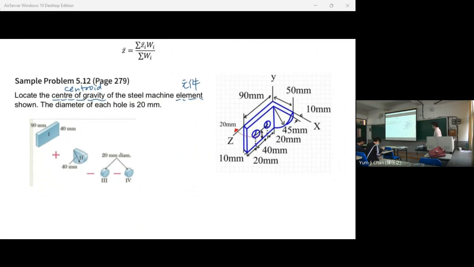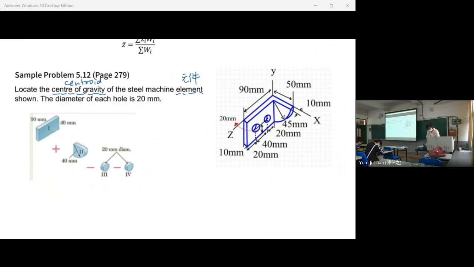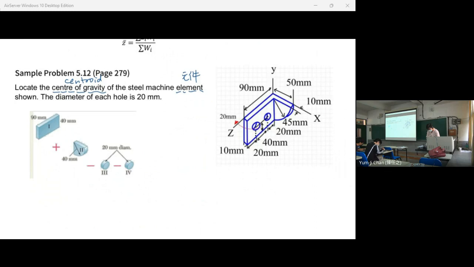And just to let you know, the shape of this element looks like this. If we have it on the XY plane, it looks like this.